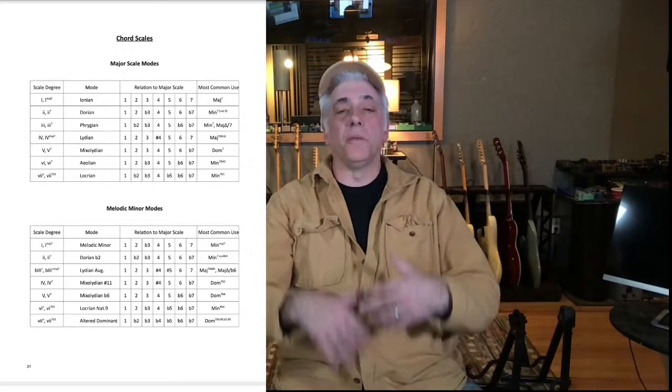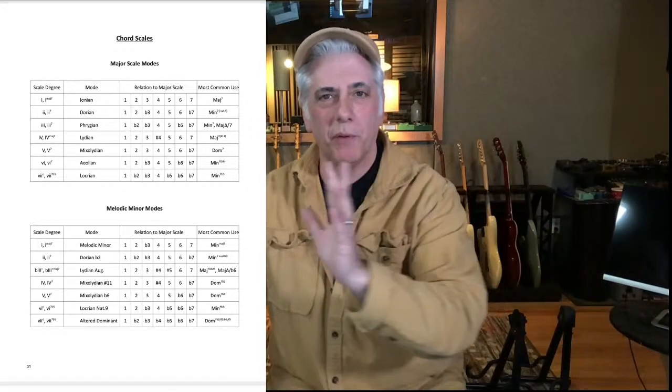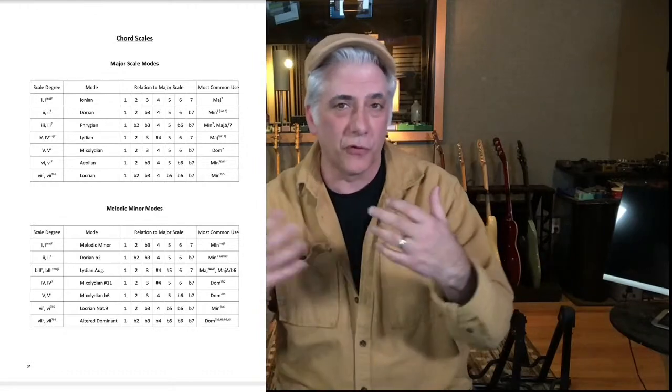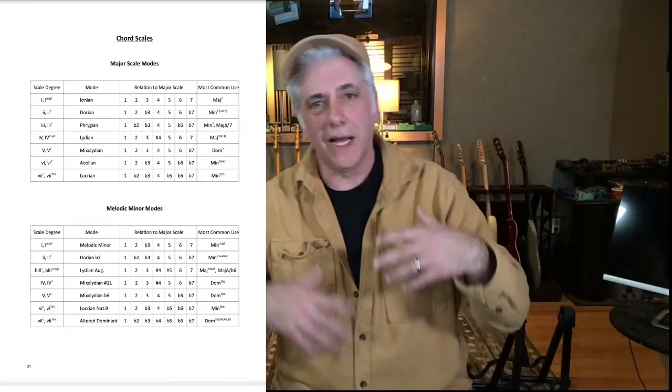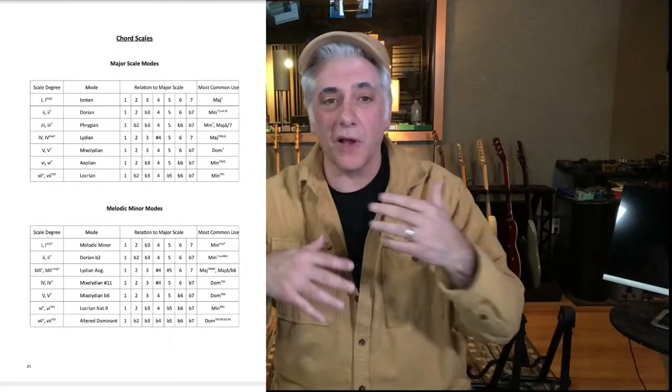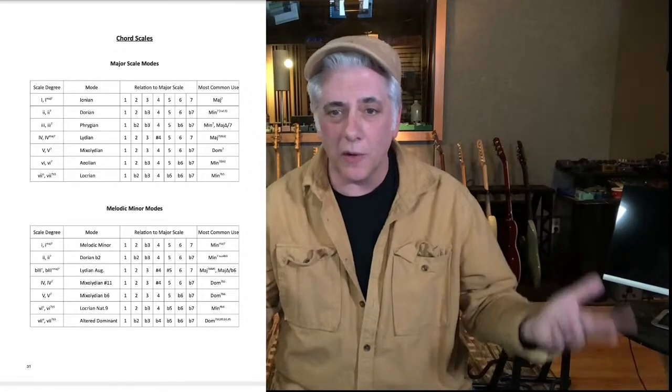So that's called modal mixture. I just have one tonic and I'm using multiple modes over it. I used all these different minor modes, right? I used Dorian, I used Aeolian, I used Phrygian, I go to Locrian. And we're not even to the melodic minor scale or the harmonic minor scale.